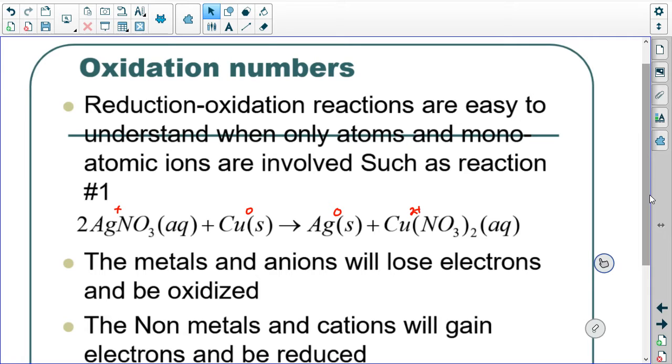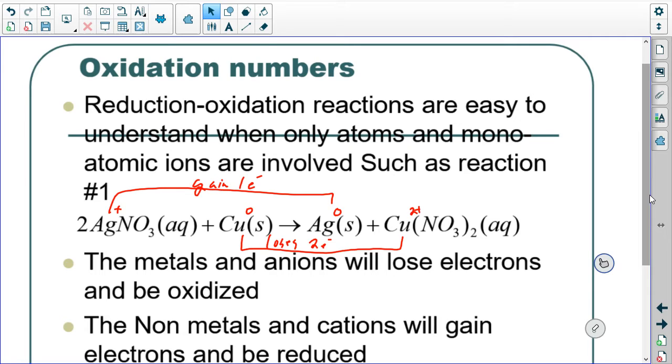So it's fairly easy to see that the silver ion gains an electron and the copper loses 2 electrons because we have this understanding of metals and metal ions.